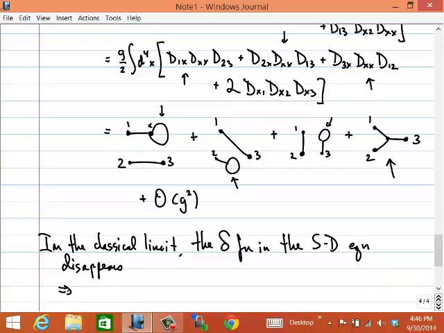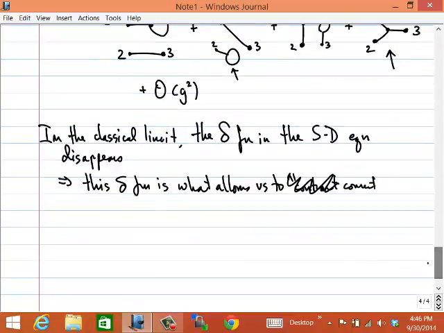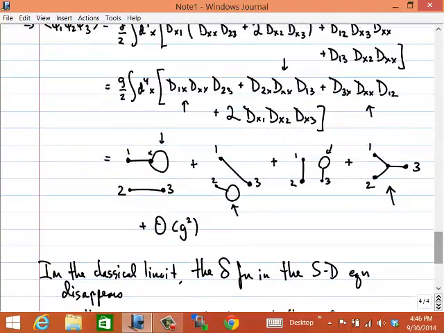And if you think about it, in the construction of these Feynman diagrams, it's this delta function that allows us to connect lines together to form loops. So, for example, this diagram and this diagram were all constructed using delta functions that appeared from the Schwinger-Dyson equation, whereas this diagram was not.